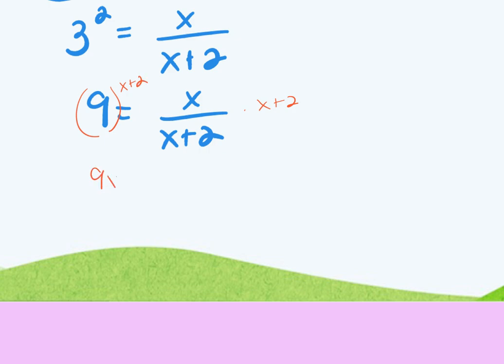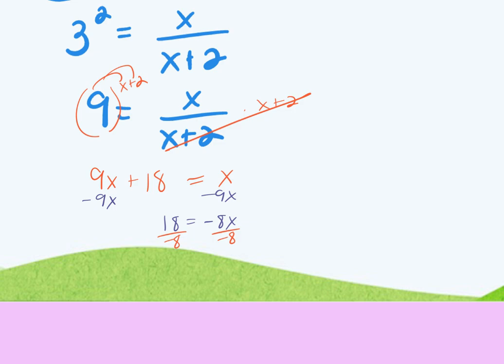I'd get 9x plus 18, because that 9 goes to both, equals, it's canceled from here, x. Subtract the 9x, and I get 18 equals -8x. Divide both sides by -8, and I end up with x equals -18 over 8, which becomes -9/4, which would be -2 1/4. You can answer any of those ways.